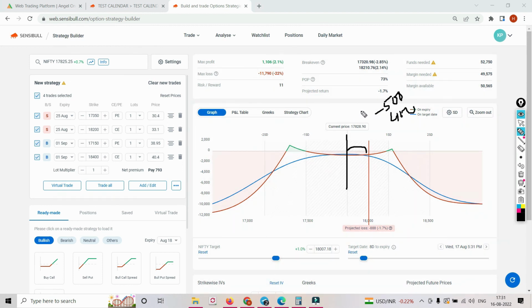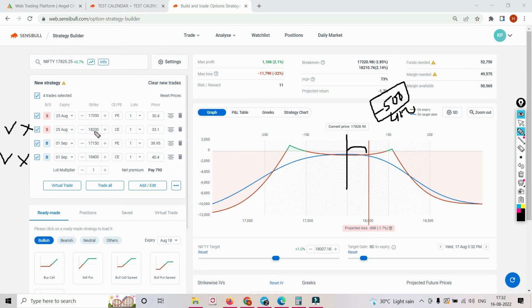So what I would recommend is, rather than shifting your entire PE combo, exit this call leg, exit the call buy leg. Simple, friends, exit these two legs, accept the loss of 500 rupees, and then sell maybe another 18,300 or 350, matching the premium.